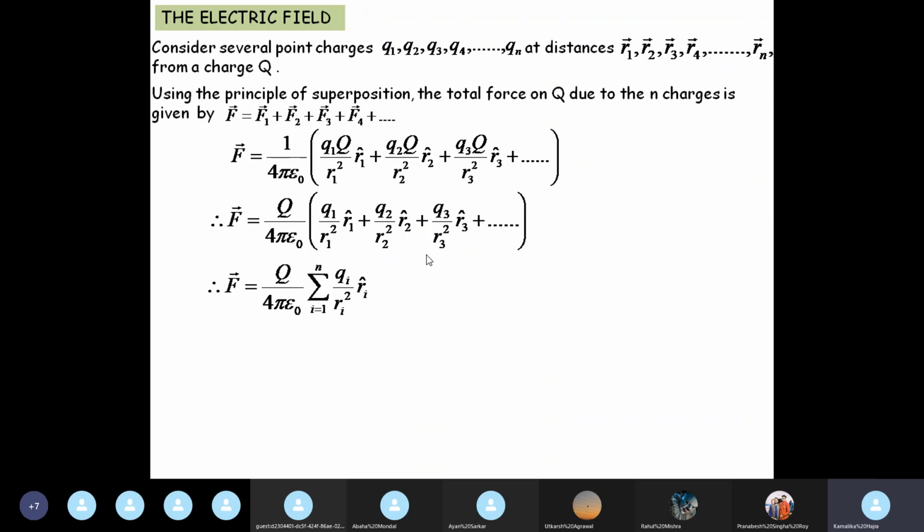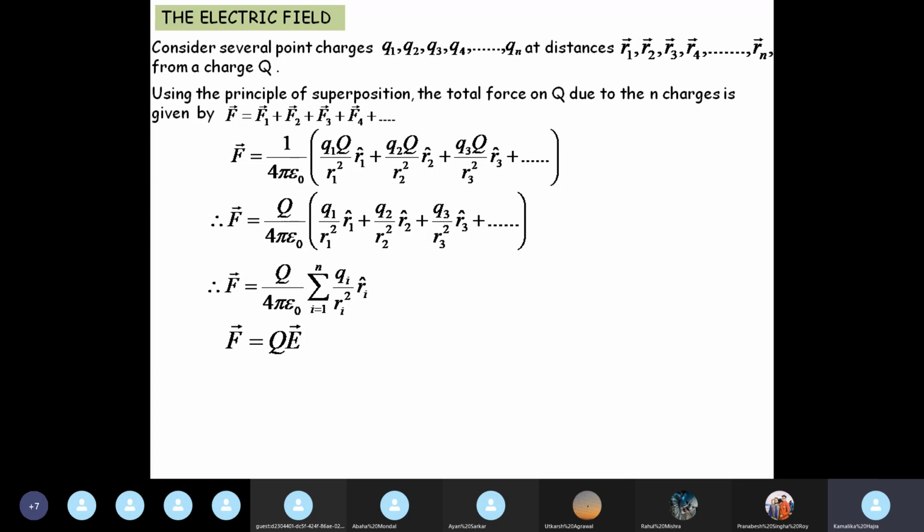This is the general expression, which when you write i equal to 1, 2, 3, etc., gives you these individual expressions. So we can write force equal to capital Q multiplied by the vector E.